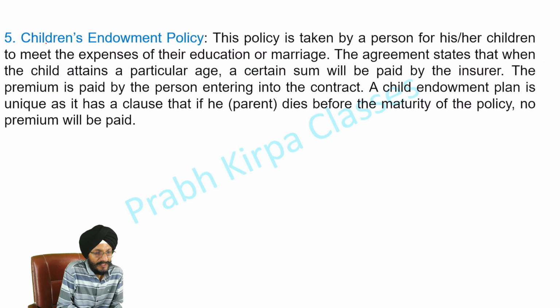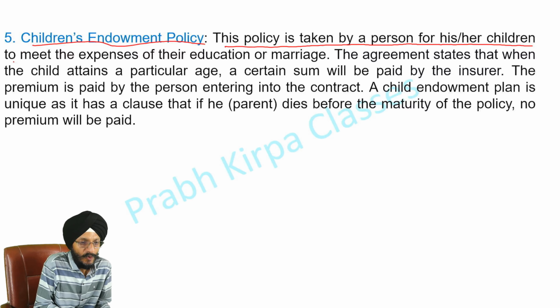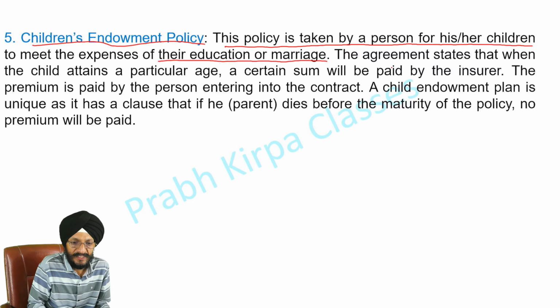Now, the fifth policy is the children's endowment policy. This policy is taken by a person for his or her children to meet the expenses of their education or marriage. The agreement states that when the child attains a particular age, a certain sum will be paid by the insurer.